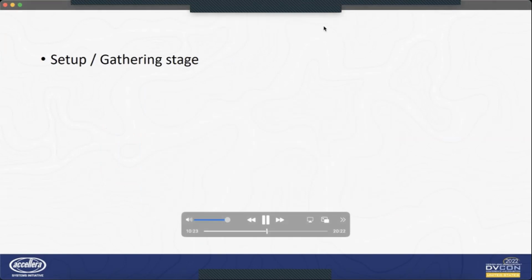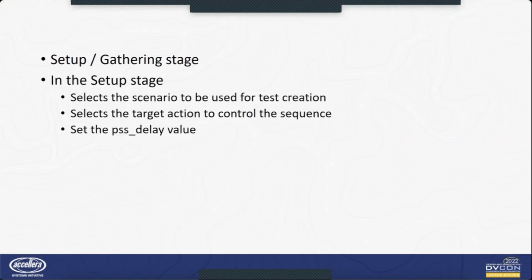I will explain the setup and gathering stages. In the setup stage, settings related to test generation of PSS for data gathering are mainly made. Select the PSS scenario, select the target action to perform sequence control, and set the range of PSS delay values that the generated test will have.